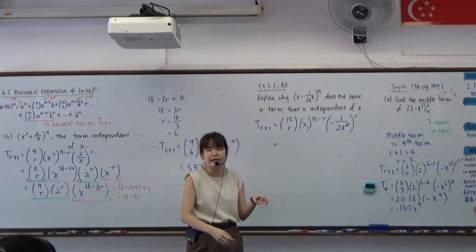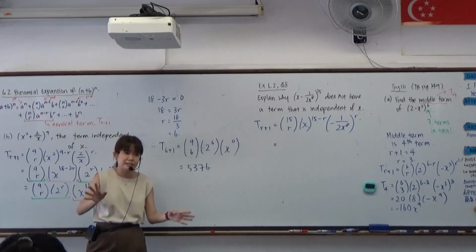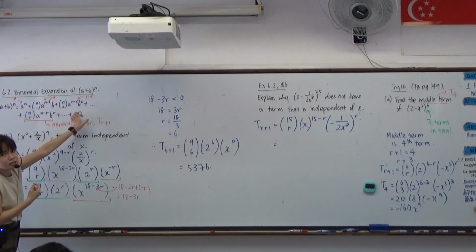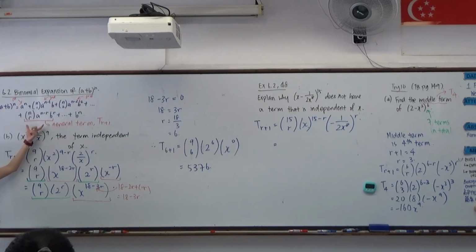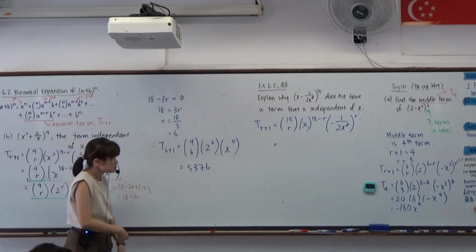It tells us that in this expansion, every single section will go by a certain formula, a certain pattern, and that pattern is described based on this general term. Every single one follows this pattern. That's the purpose of a general term.